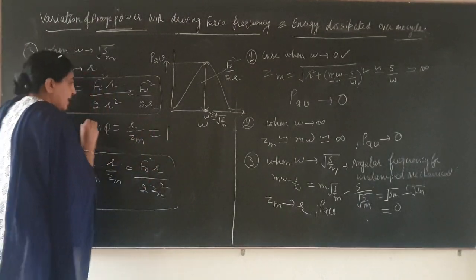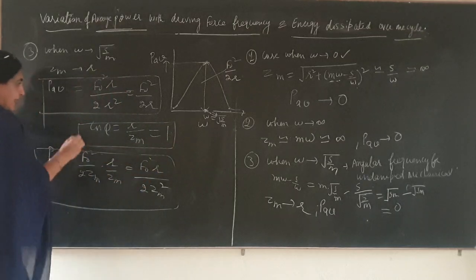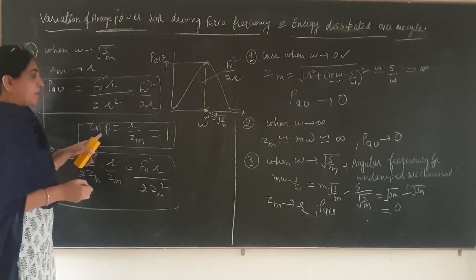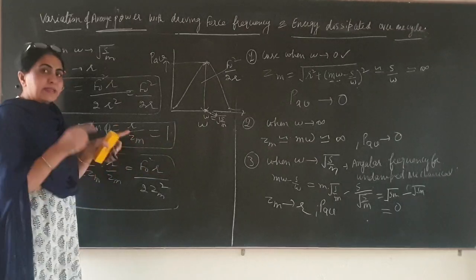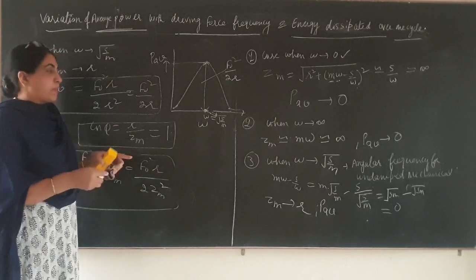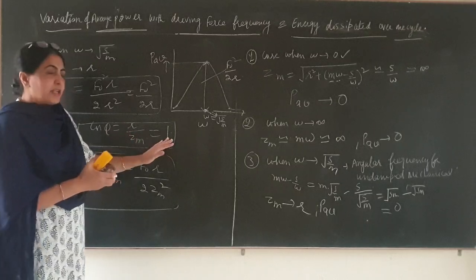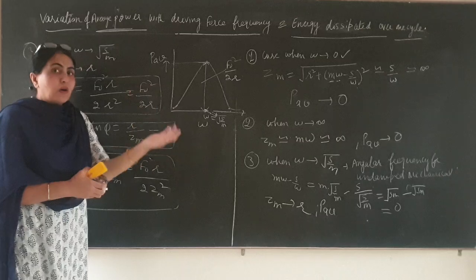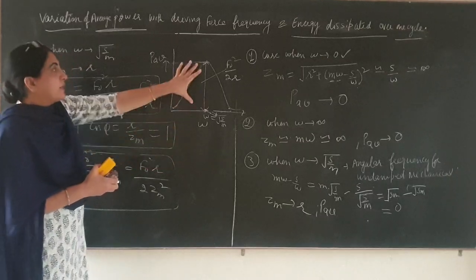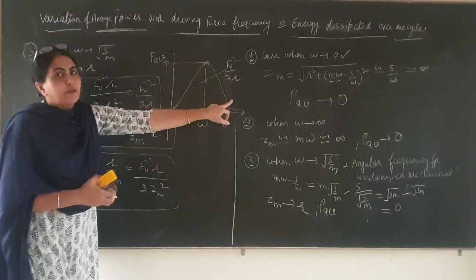That's why I said in the starting that the power factor cos phi will be 1 at maximum power. When cos phi is 1, the average power is maximum. The maximum power supplied to an oscillator is F naught square over 2R.